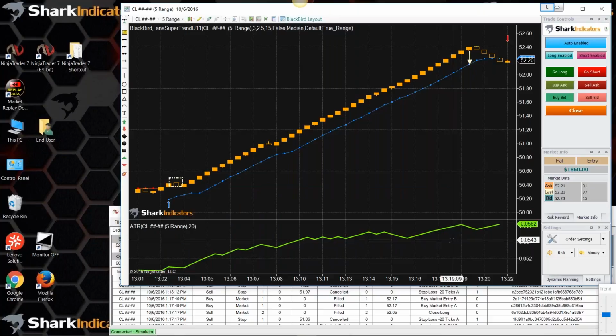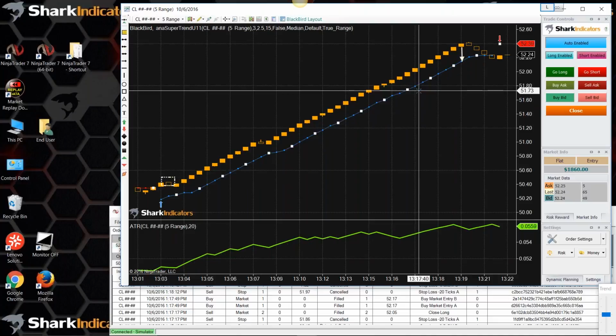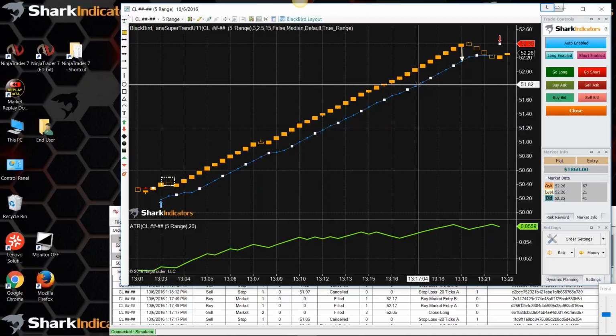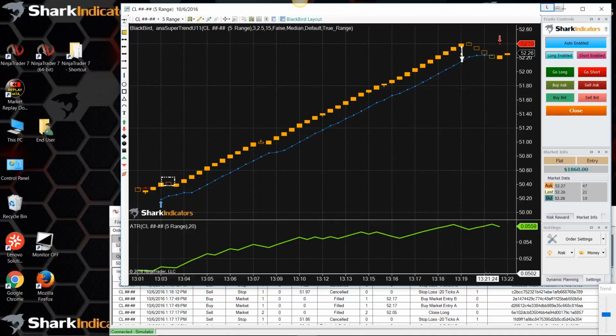It's just an offset value. So if you wanted to use the anaSuperTrend as a stop loss offset value, so that it's universal for longs or shorts, you would just have to rewrite the indicator to tell you this distance here.